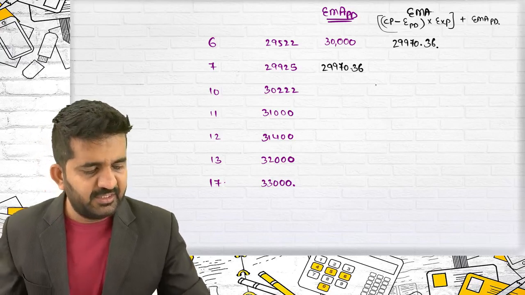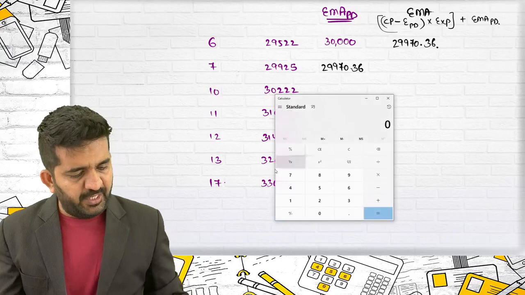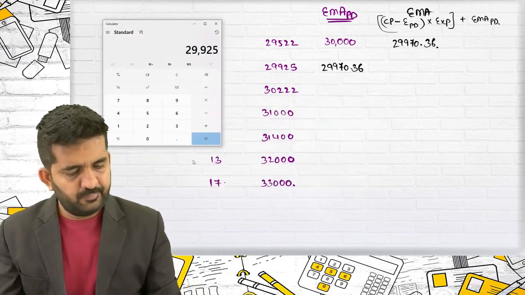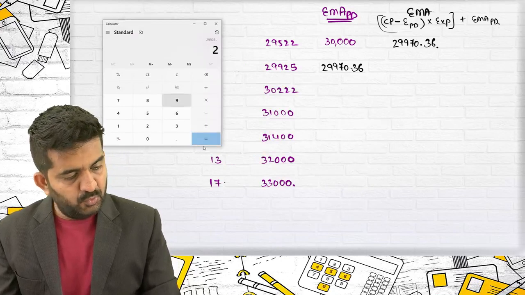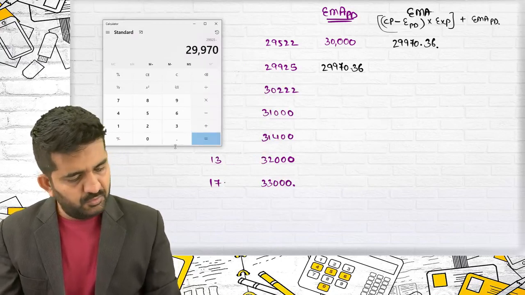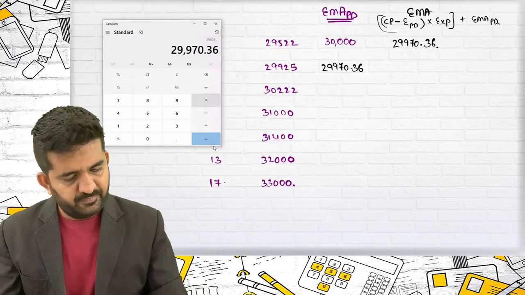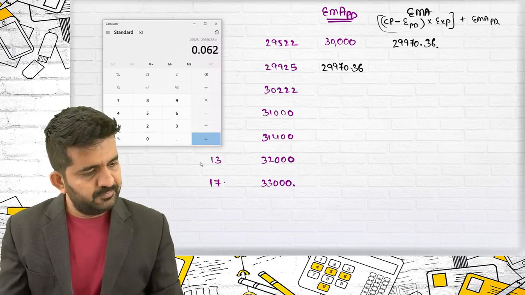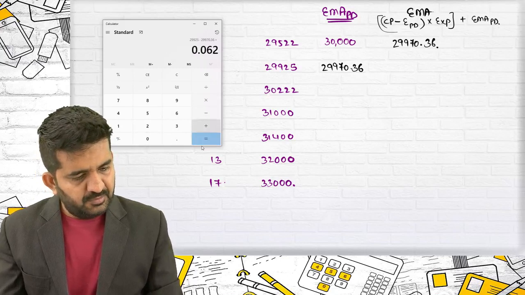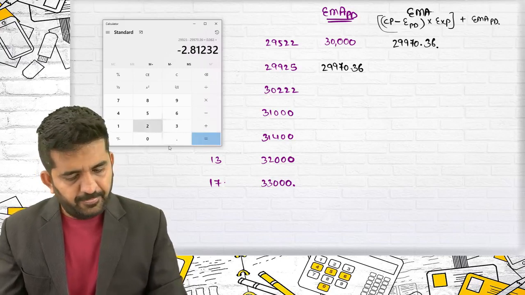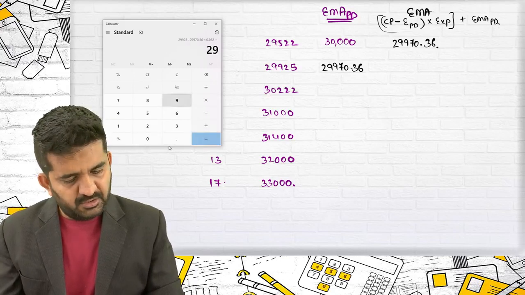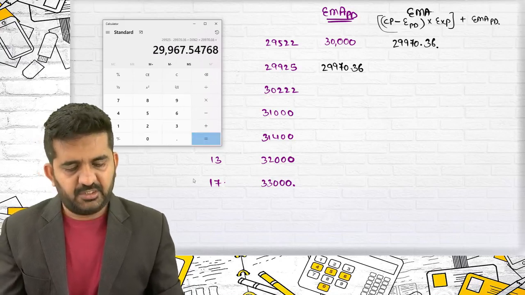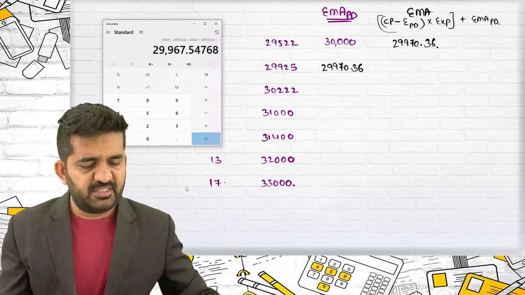Again this day EMA: 29925 minus 29970.36 multiplied by 0.062 plus 29,970.36. It is 29967.5.